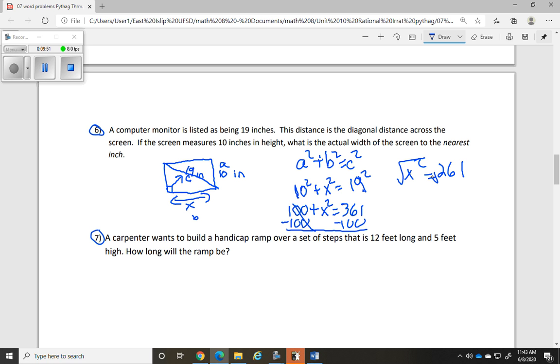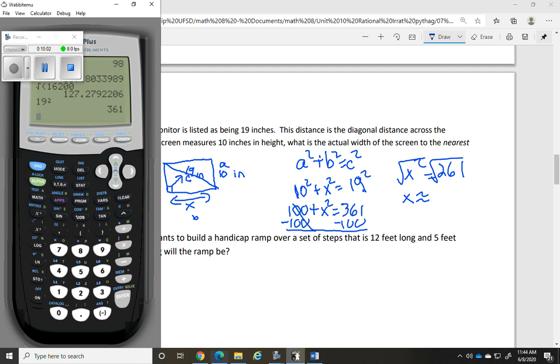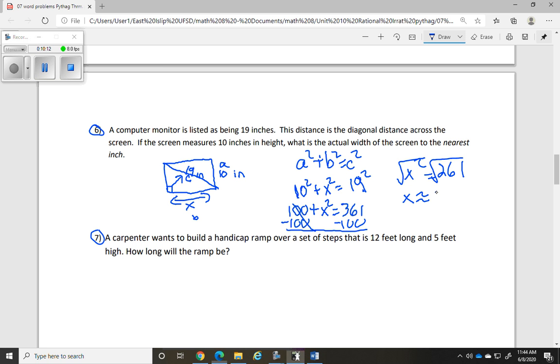Square root both sides, x is about, this is to the nearest inch, that's like to the nearest whole number, the square root of 261. About 16. About 16 inches wide.